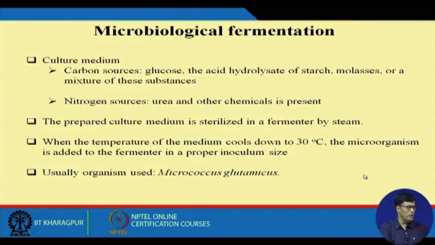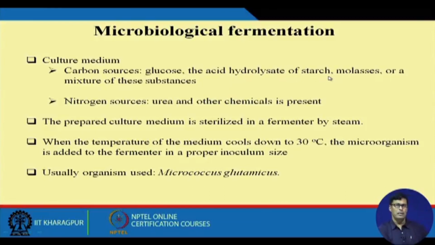Now let me tell you about the microbial fermentation process, how it is done. The microorganism used is Micrococcus glutamicus, which is used for glutamic acid production. In the culture media, we require a carbon source like glucose or acid hydrolysate of starch.